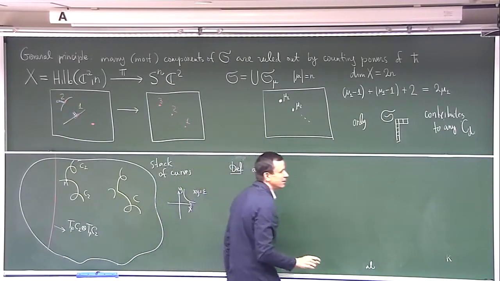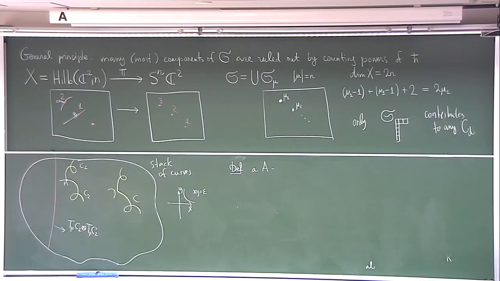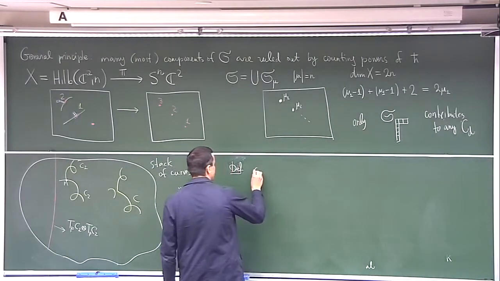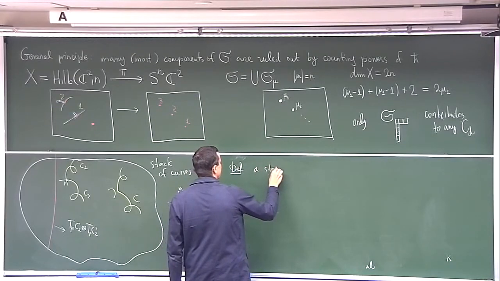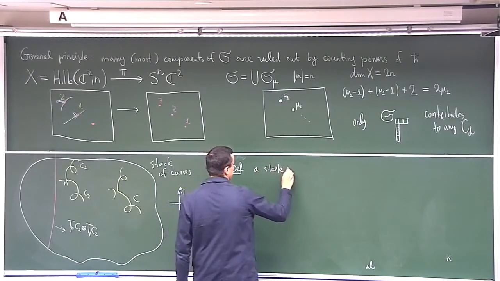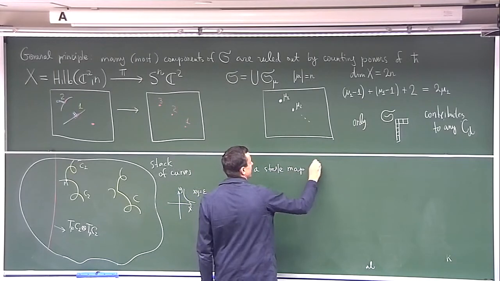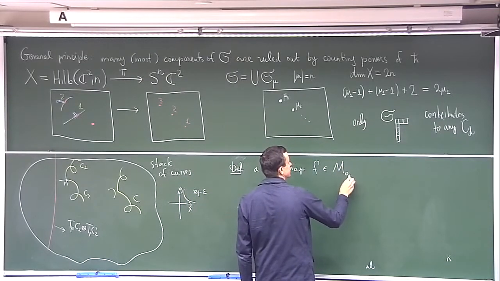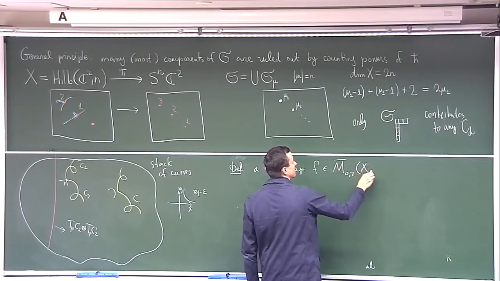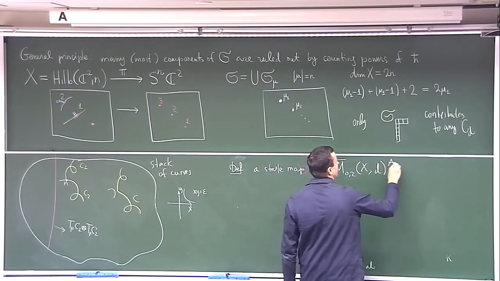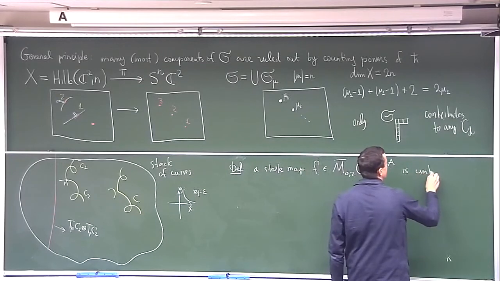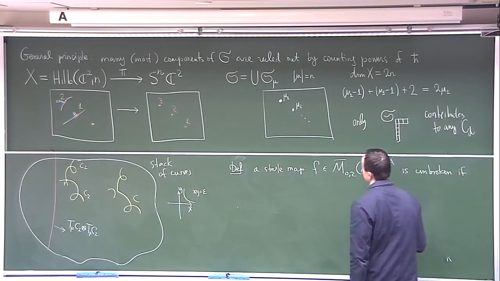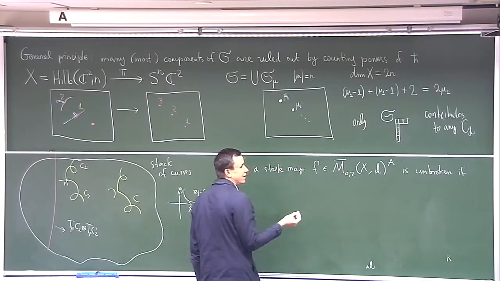Definition: a stable map in the moduli space of stable maps M g2 bar X, D, A is unbroken if one of these is true.